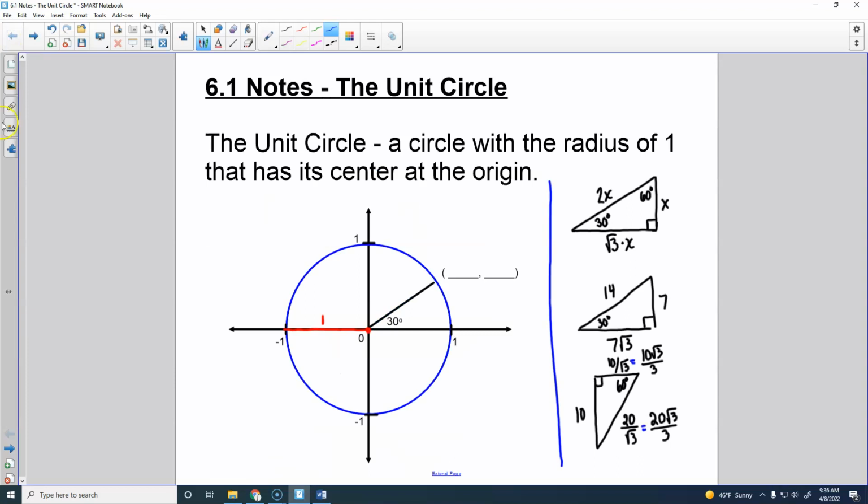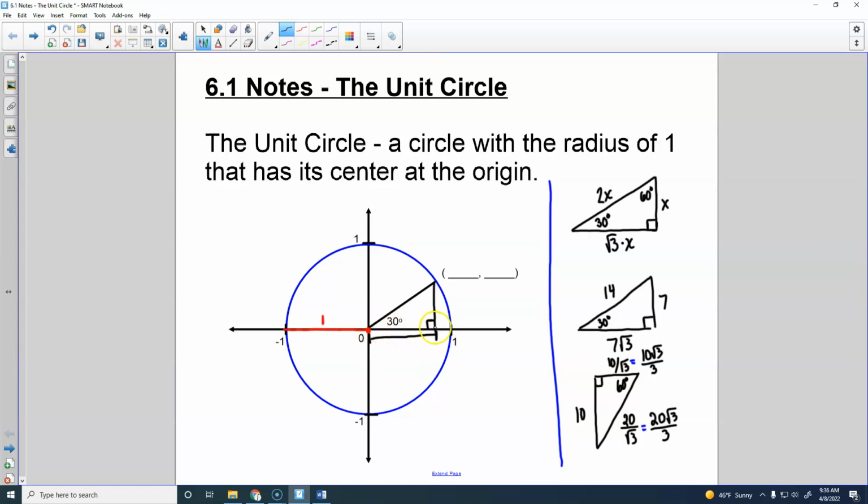So if the radius of this is 1, what I really want to find is, I'm going to make myself a triangle right here. I'm going to drop down a line and make that a right triangle. So this bottom side of the triangle is the length from 0 to this point over here on the x-axis.